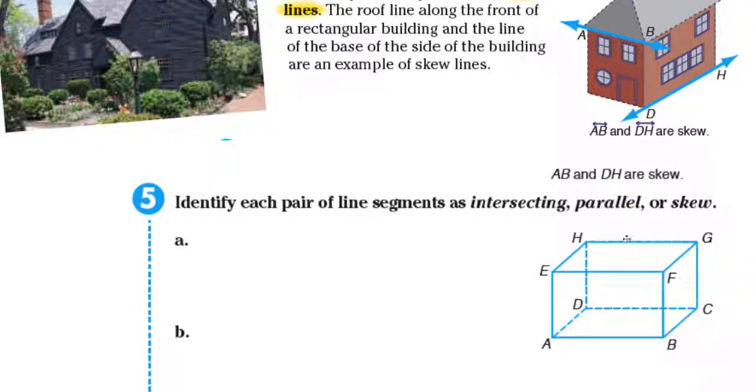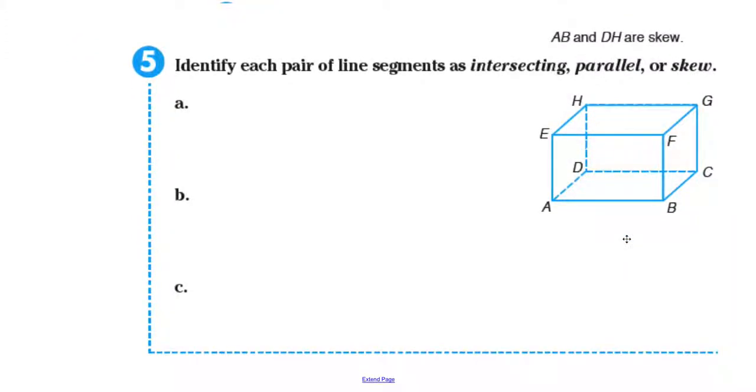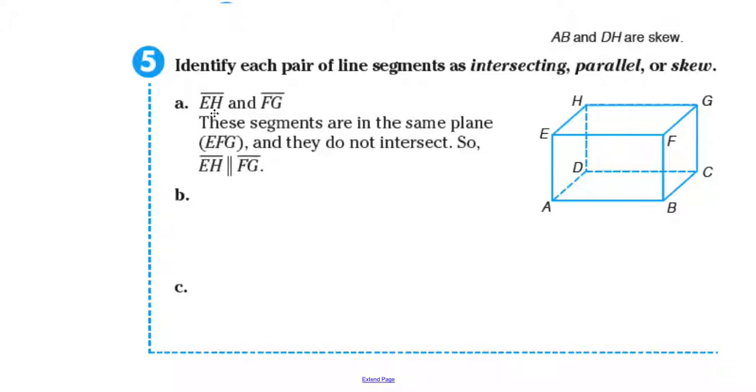If they're not on the same plane, and they're neither parallel nor do they intersect, they are called skew lines. Okay? So if you take a look at example number 5, identify each pair of line segments as intersecting, parallel, or skew. So in A, segment EH and segment FG. These segments are in the same plane, this particular plane right here.